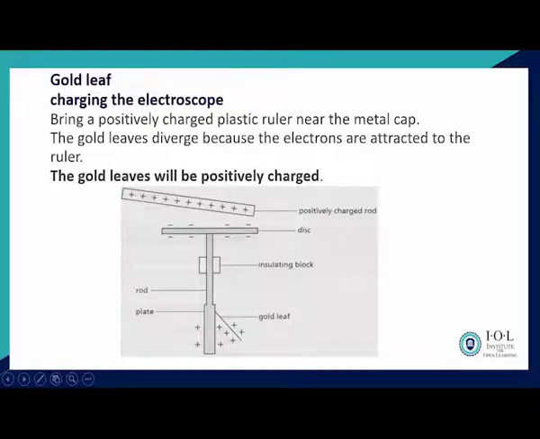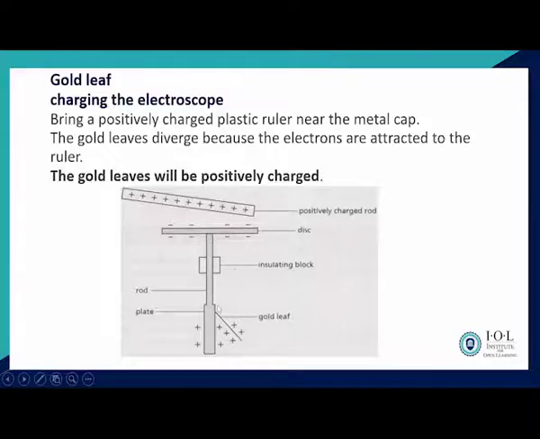Now when you bring the positively charged rod closer to the metal cap, the positive charges which were there are repelled by the positive charges on the rod. So they run down to the bottom, to the gold leaf and also to the stem or the plate. That's where the positive charges are moving, because they are being repelled by those on the rod, leaving the metal cap or the disc with a negative charge only.